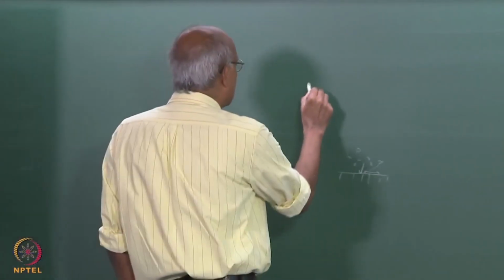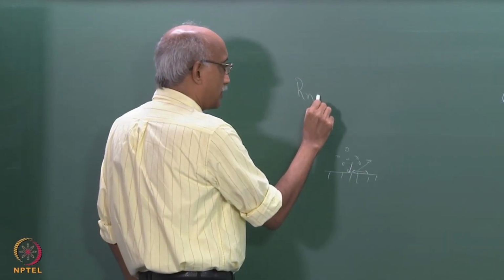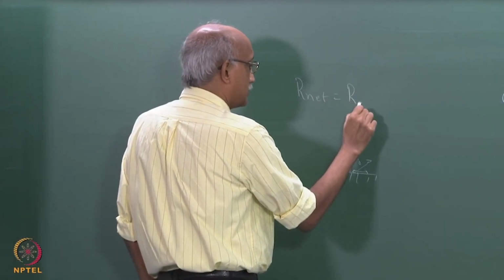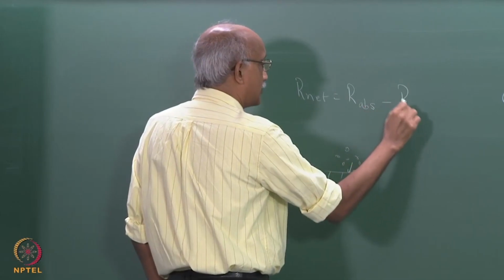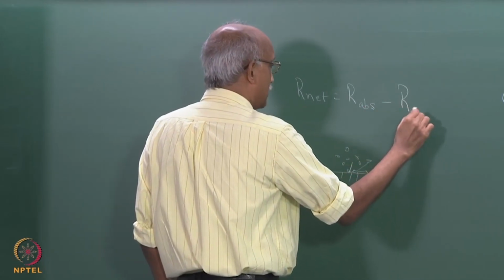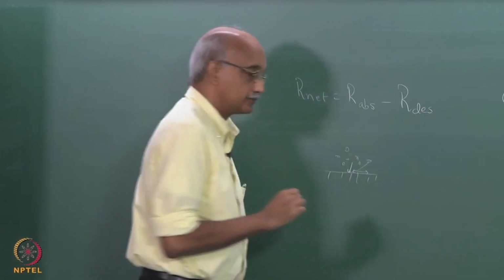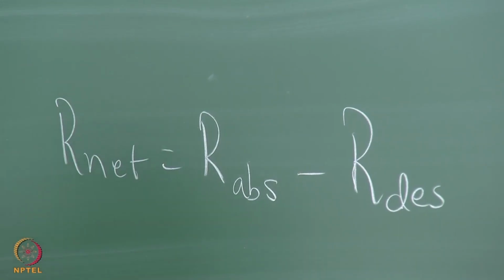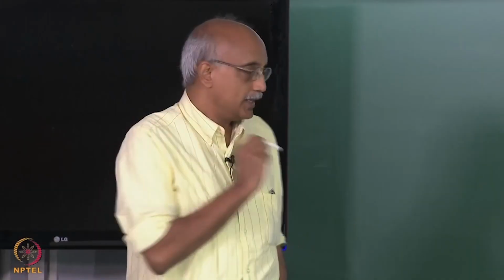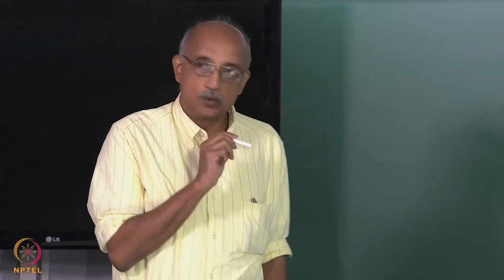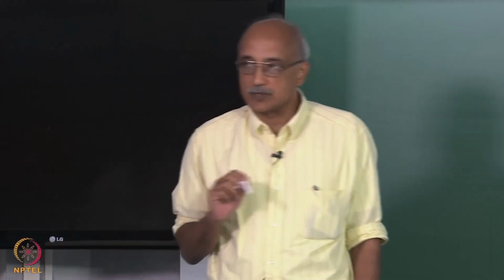So, the R, let us call that R net, is essentially equal to R absorption minus R desorption, where the rates can be of the order of number of molecules per unit time, for example. So, what you really have to do, again this is particularly important in the case of low or high Knudsen number flows, you have to be able to describe the kinetics of each of these steps.